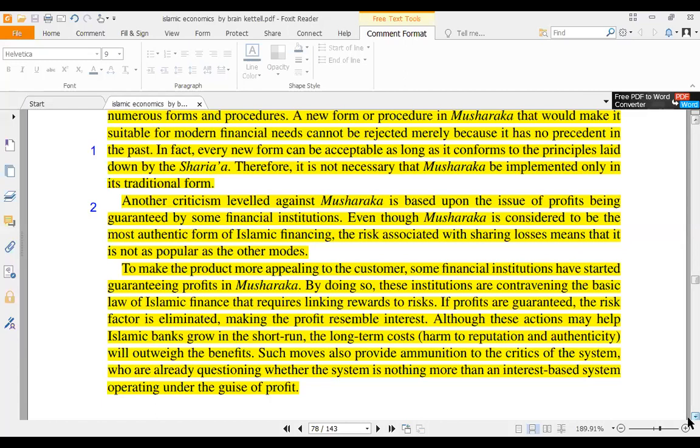So in the short run, Islamic banks will grow, but in the long run, the cost will outweigh the benefits. That is, actual investments, visible investments, that is a higher level of employment and higher level of output in the country, will not be seen.